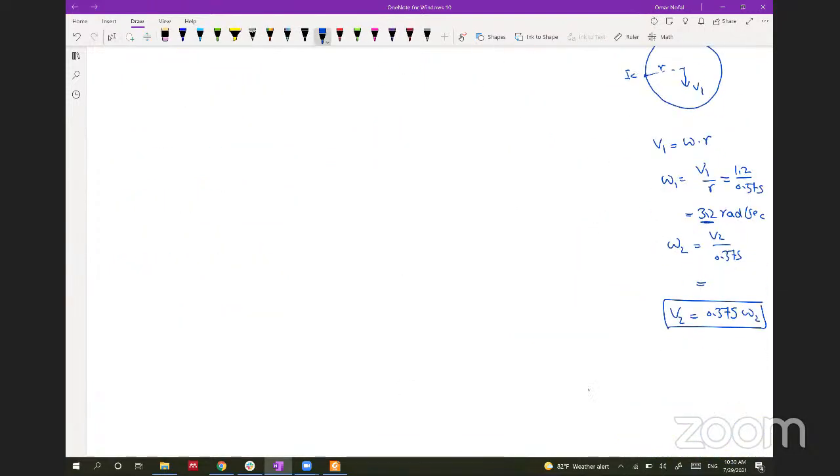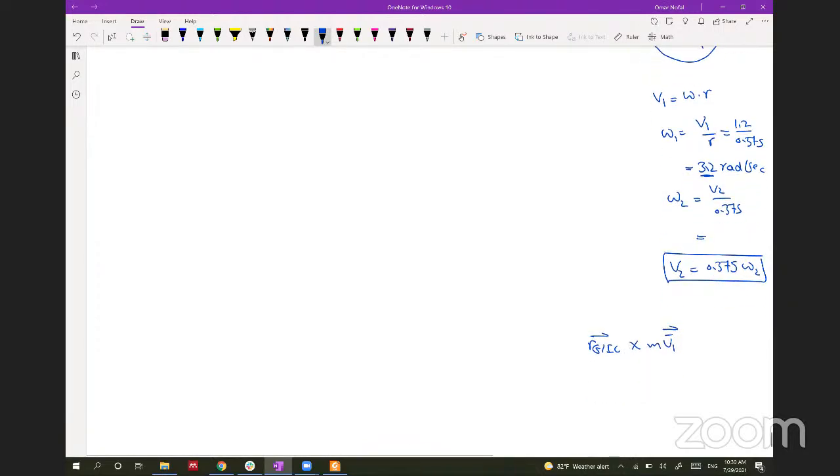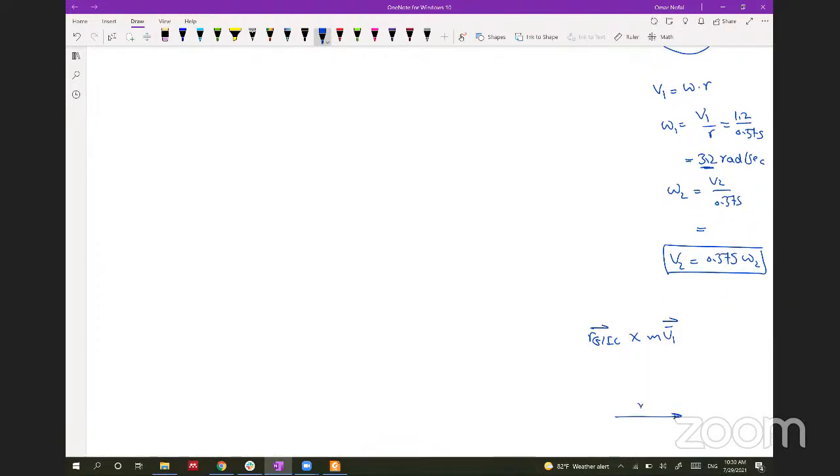We are crossing RG with respect to the instantaneous center by MV1 bar vector. So we know that this is the direction of the R and this is the direction of the V. If you did a cross product of these two using the right hand rule, you will find that the resultant should be perpendicular on these two vectors, and it will have a negative k hat direction.